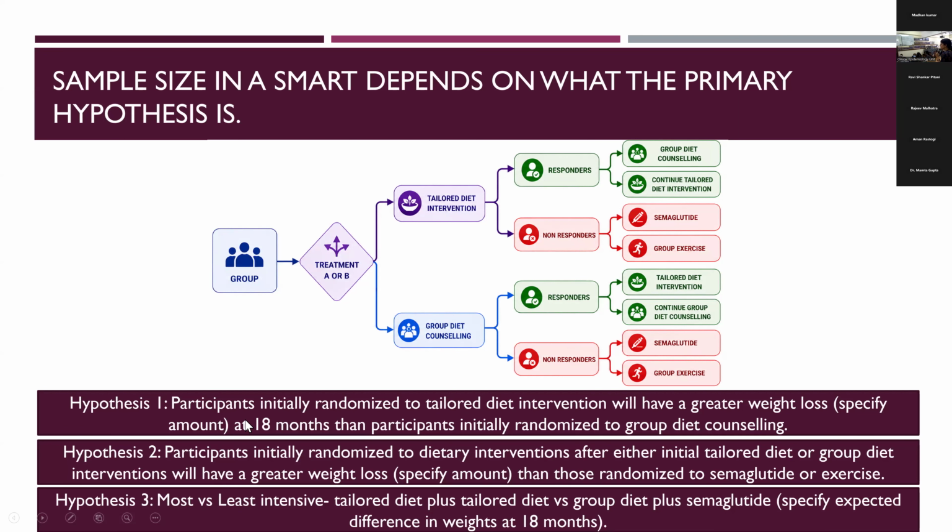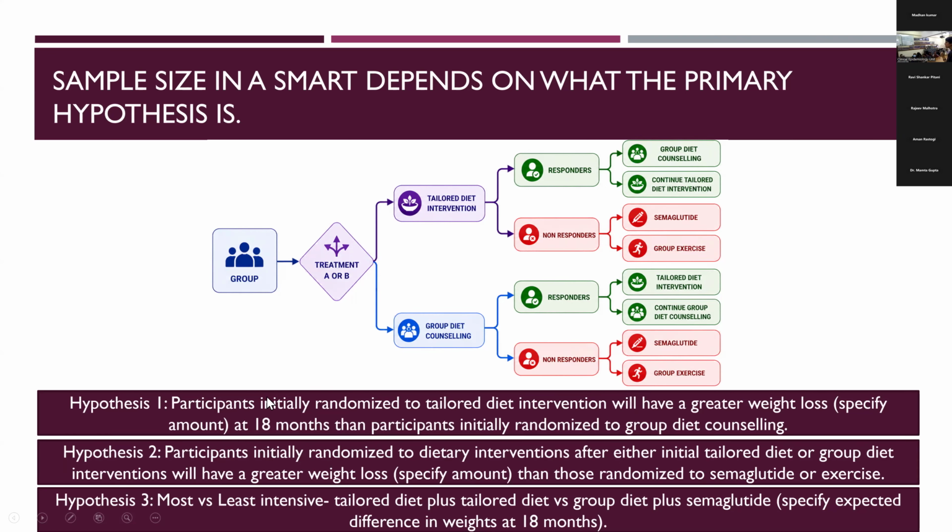Now my hypothesis 2 can be, participants randomized to dietary interventions after either tailored or group diet intervention will have greater loss than the semaglutide or exercise arm. So you will have to pick out the DTRs which say what are the ones that receive group diet counseling after one of these versus the ones that receive semaglutide or exercise after one of these.